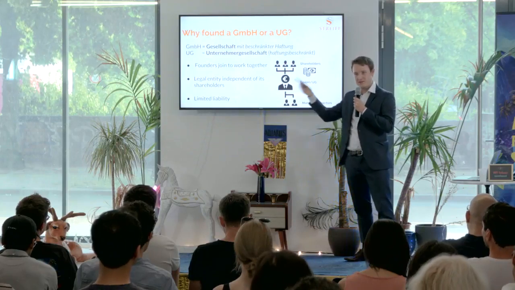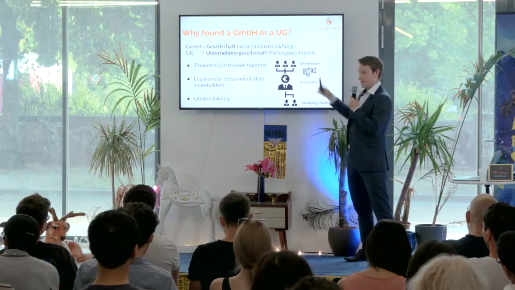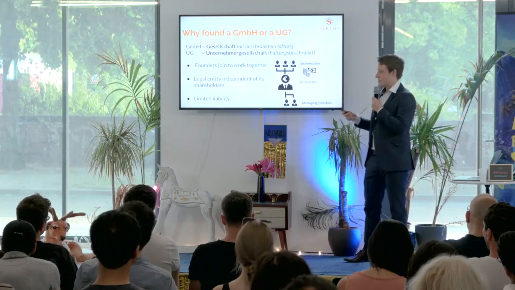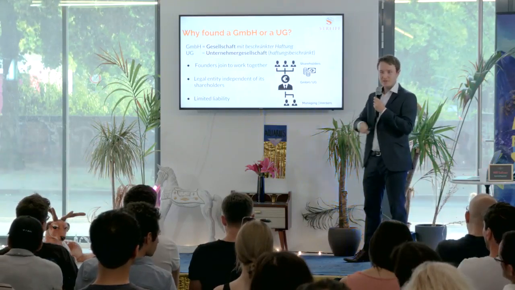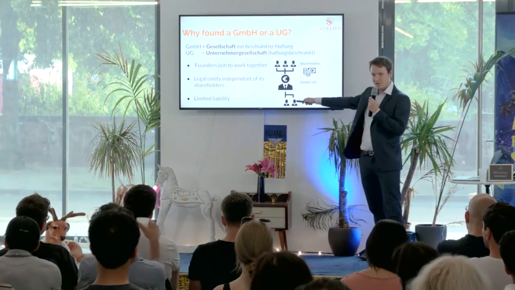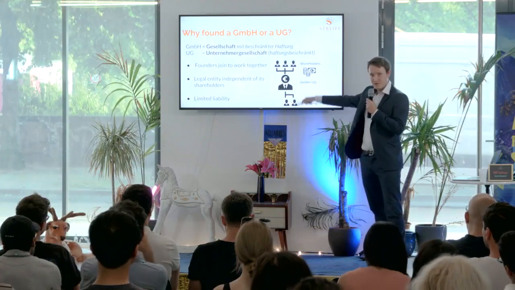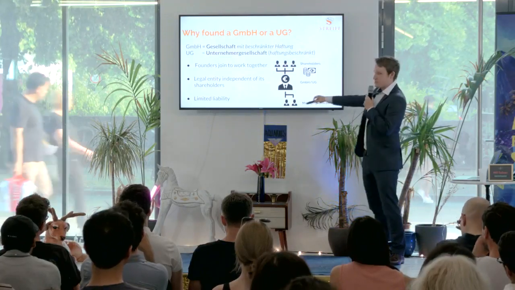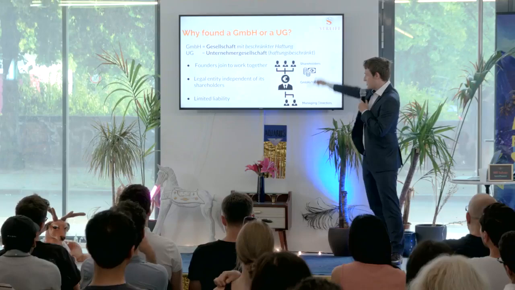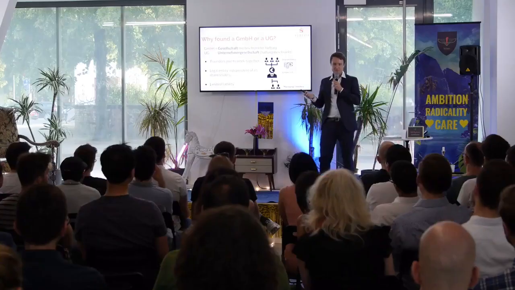It can act just like a natural person, but of course you need somebody to actually fill out the forms and sign the contracts, and that's what the managing directors are for. So these are the three parts of a GmbH and UG. Most of the time with founders, these are the same people, but they don't have to be.